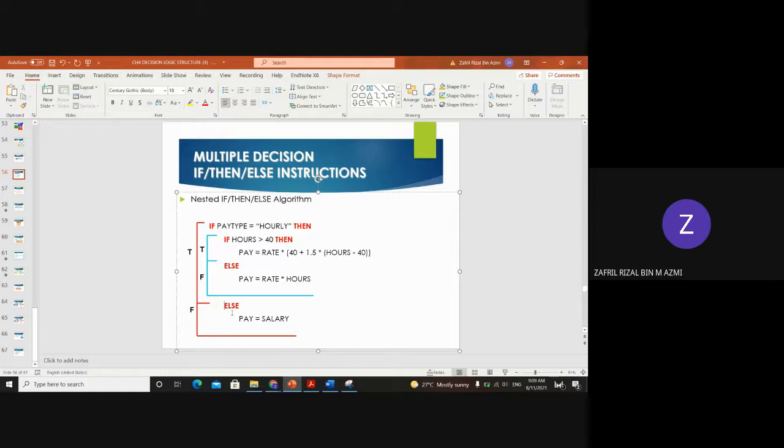Okay, sorry, this one is supposed to be over here. Don't get confused. If you see something like this, this is what we call a nested decision. We have two sets of decisions, and the second set resides within the first set. So inside of a decision, we have another decision.